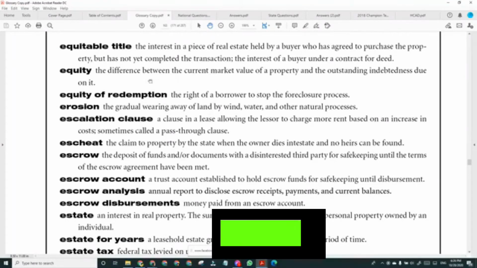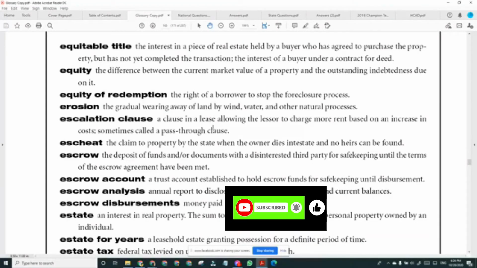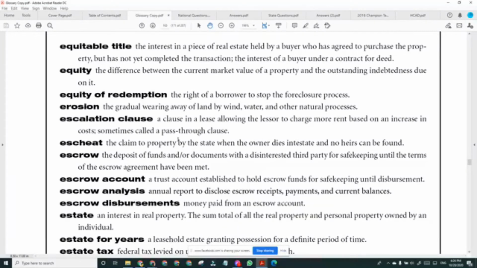So the investors will buy property at the tax auction, at the tax foreclosure or the tax sale on the first Tuesday of every month. Well, that borrower has to be given 2 years to pay their taxes, so they still have equity of redemption to get that property back and not completely lose it.